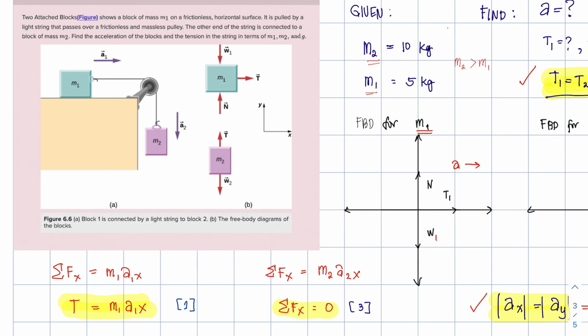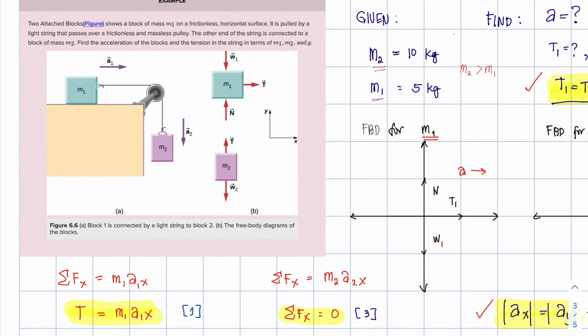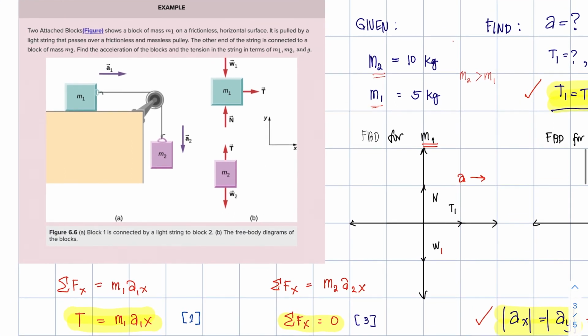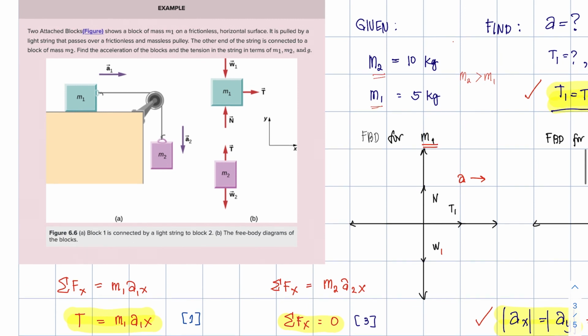And given that mass 2 is accelerating with a2, you should ask yourself if that is also the same acceleration as a1, given that friction is negligible. So those are very important questions and considerations that you should always think about when you are dealing with problems such as this one.